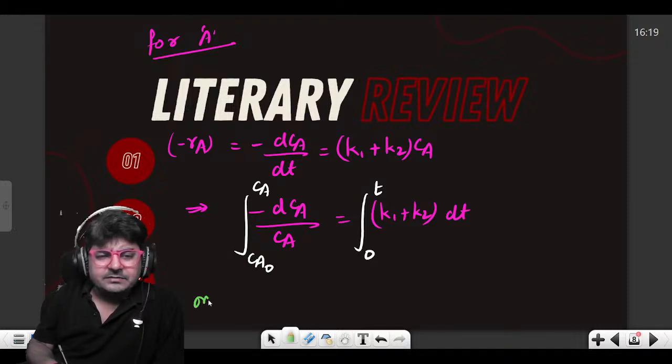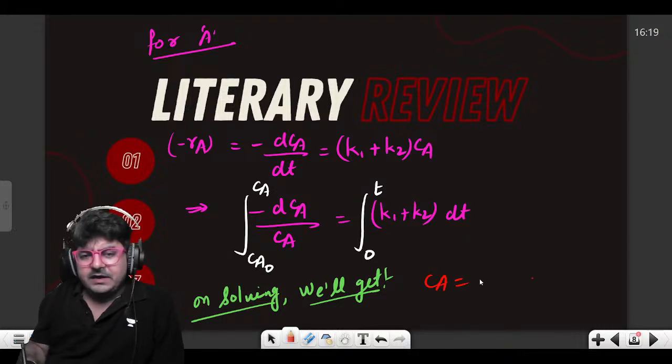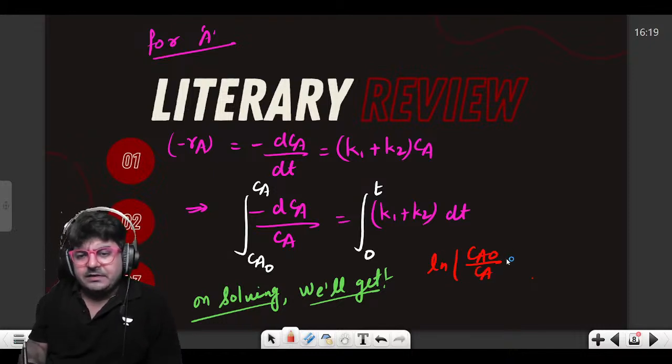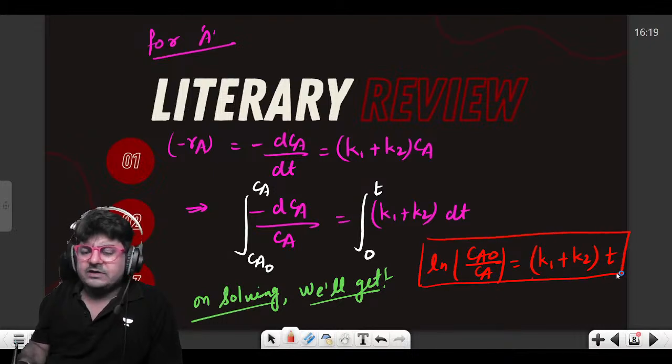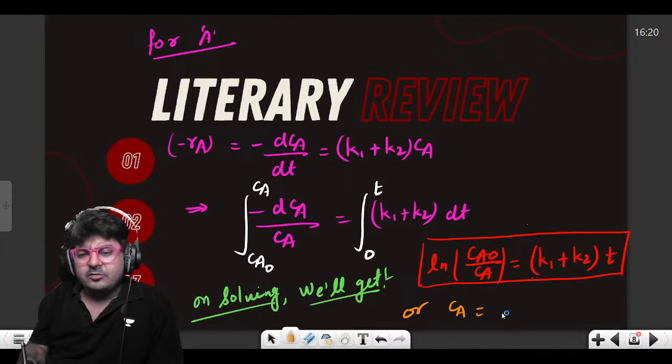On solving this, you will get ln of CA naught over CA equal to K1 plus K2 times T. This is the kinetic equation in terms of A, or you can say the concentration profile for A. You can also write it as CA equal to CA naught times e to the power minus K1 plus K2 times T.